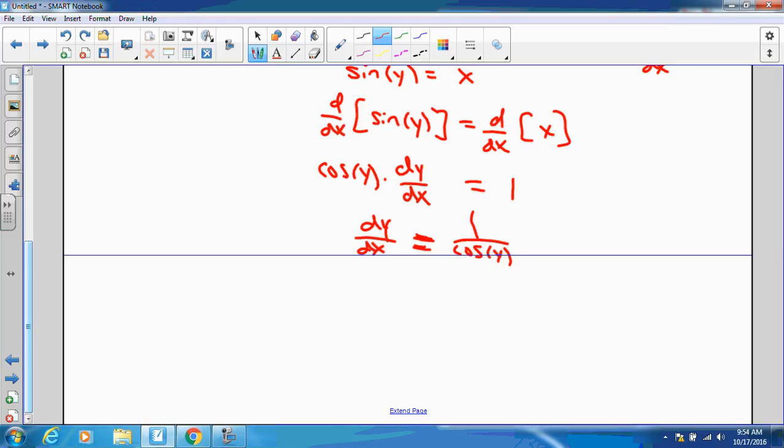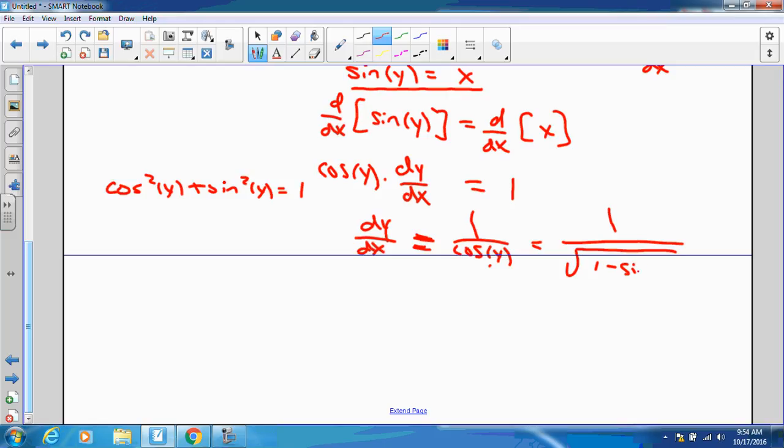And in terms of style, this is not so good because originally we were given an explicit y equals inverse sine of x. So we would like to express this in terms of the variable x. It occurs to me that the cosine of y is related to the sine of y through the Pythagorean theorem. Specifically, cosine squared y plus sine squared y is always 1.